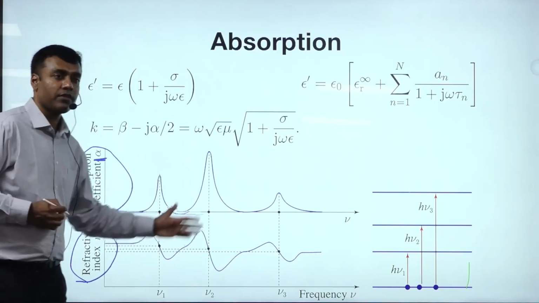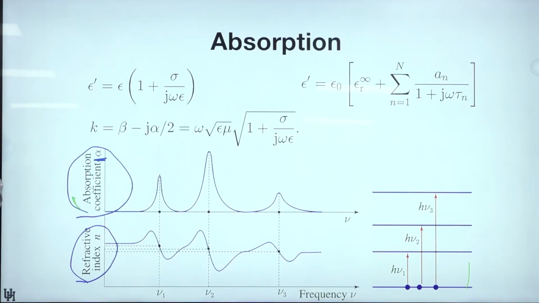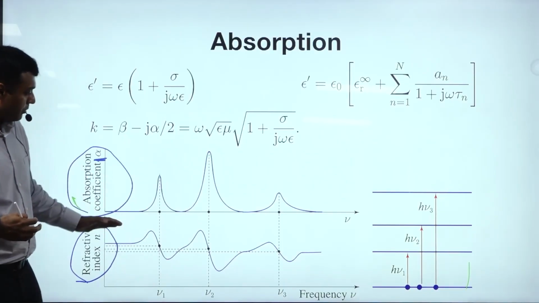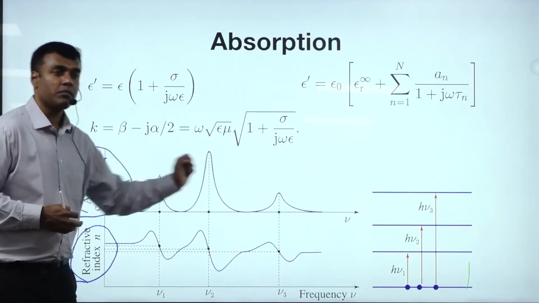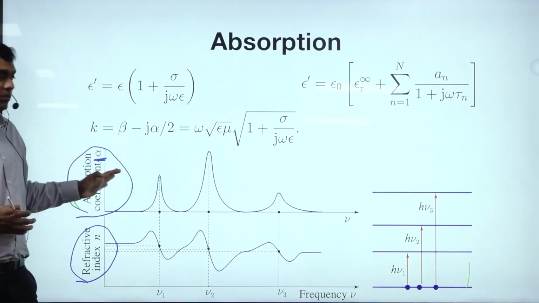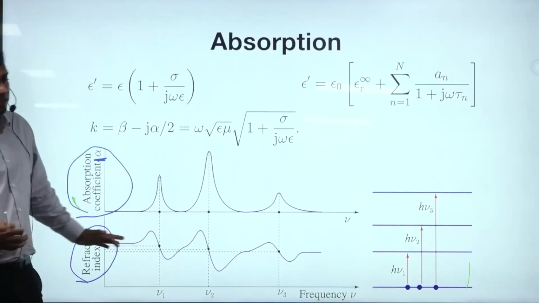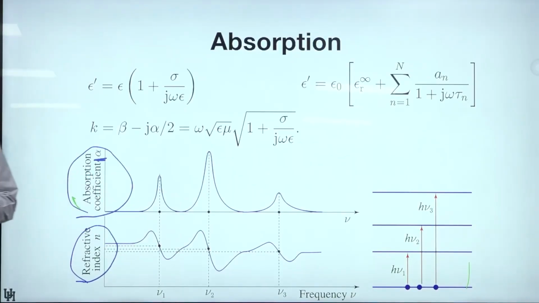So these are related properties of materials. By measuring the refractive index profile, you can figure out something about the absorption profile, or if you know the absorption profile, you can know something about how the refractive index changes as a function of wavelength. Okay, there is the connection between these two.